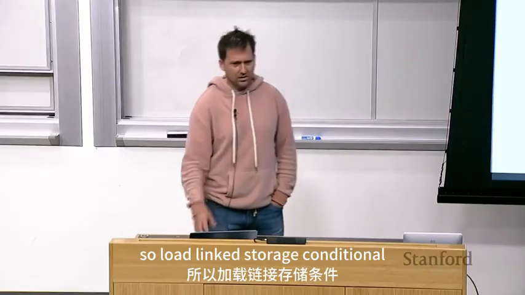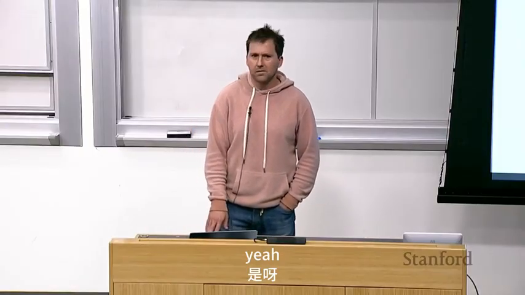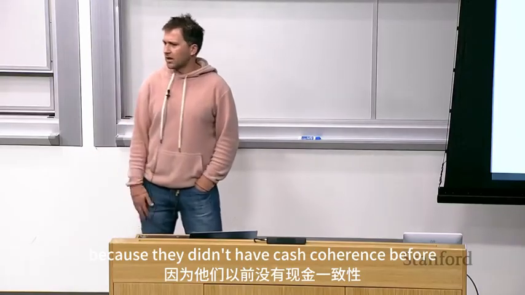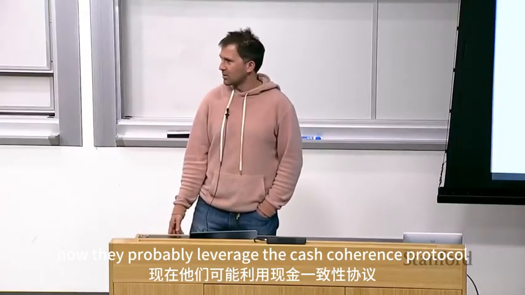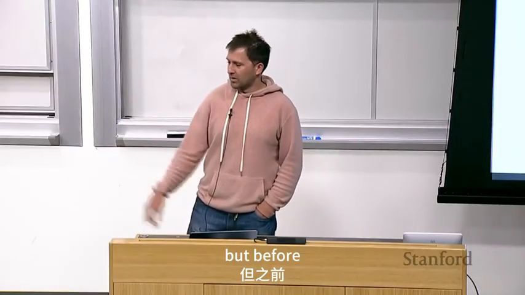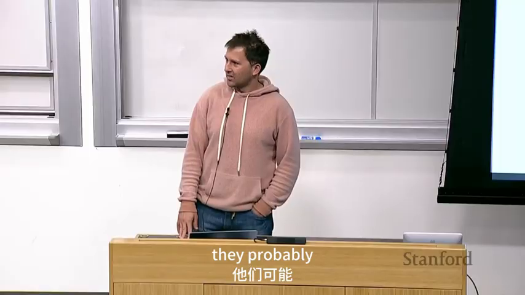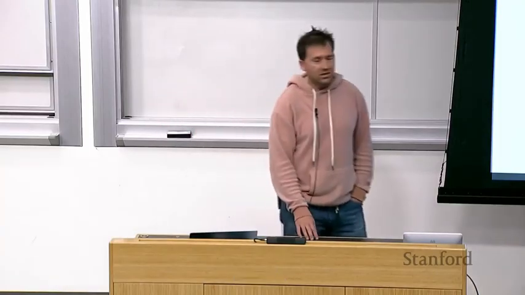So load link, store conditional, I believe even to this day, are kind of the preferred primitives on ARM. On most RISC architectures. I'm not sure, because they didn't have cache coherence before, so now they probably leverage the cache coherence protocol to implement them, but before they probably just had some processor state or something. Cool.